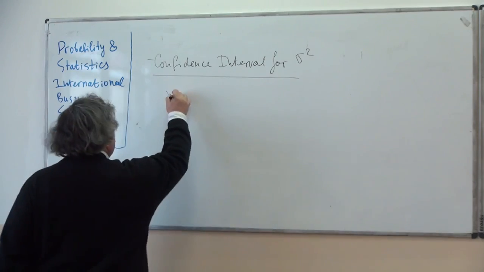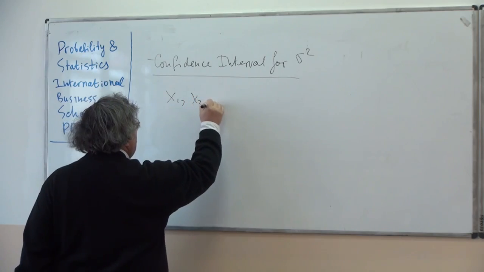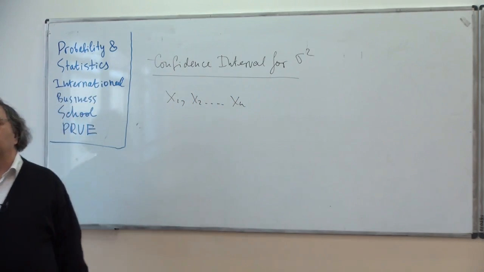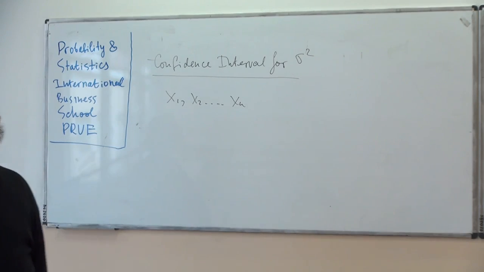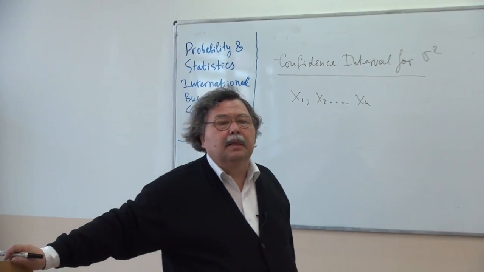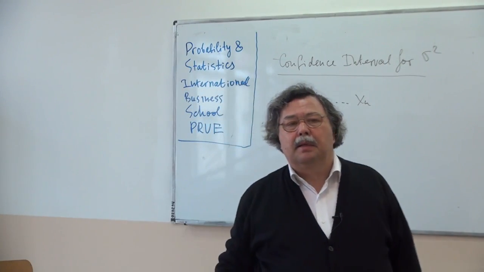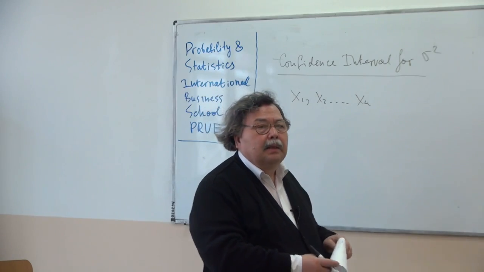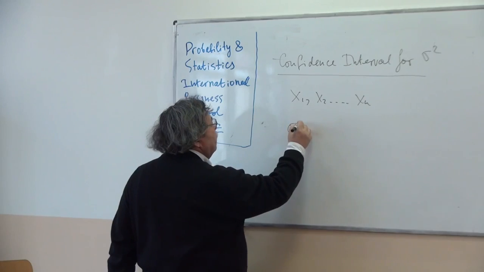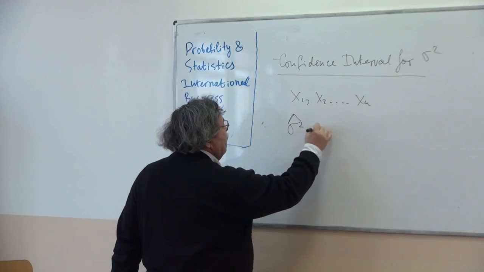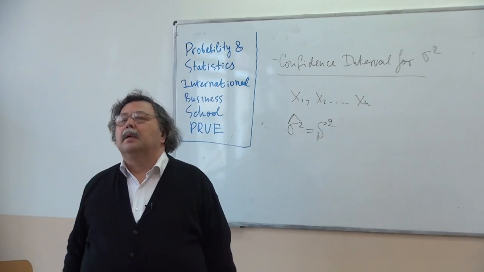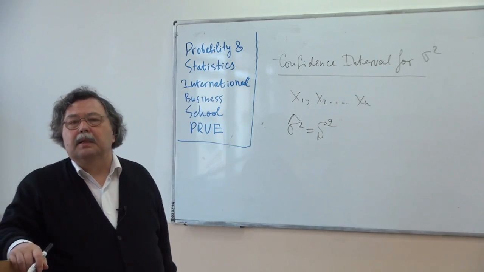And again, let's write it again. Well, we assume that x1, x2, xn come from a random sample and thus can be treated as independent and identically distributed random variables. And if sigma is unknown, then for sigma squared, we use this estimator, s squared.